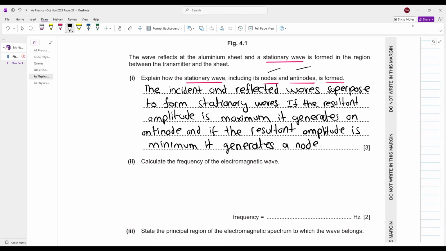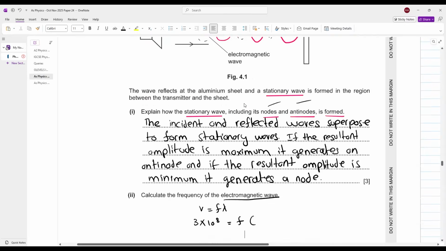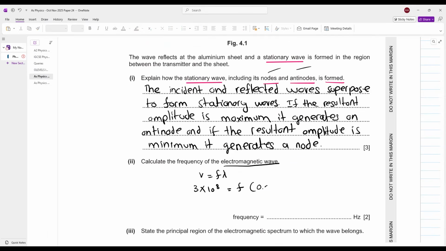Calculate the frequency of the electromagnetic wave. How will you do that? V is equals to F lambda. Always remember all electromagnetic waves have a speed of 3 into 10 is the power of 8. ये frequency आ गई. Wavelength क्या आ जाएगी बेटा? Wavelength I think was given to you 0.026. Can you calculate the frequency?